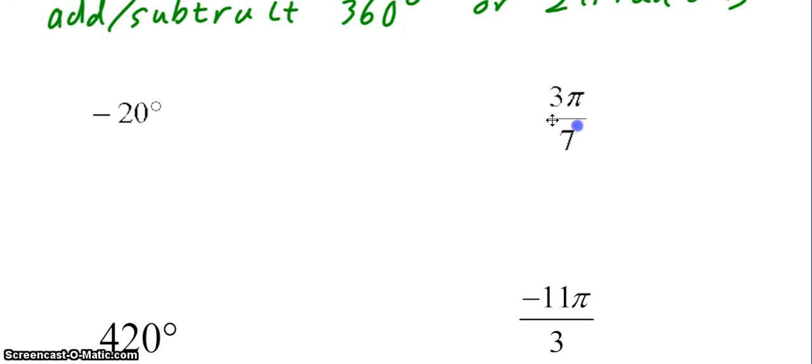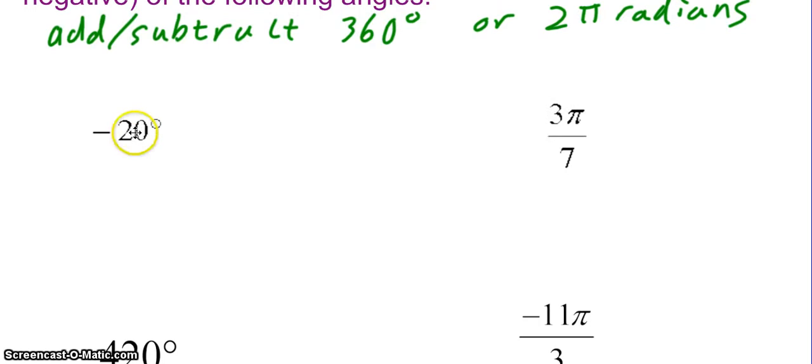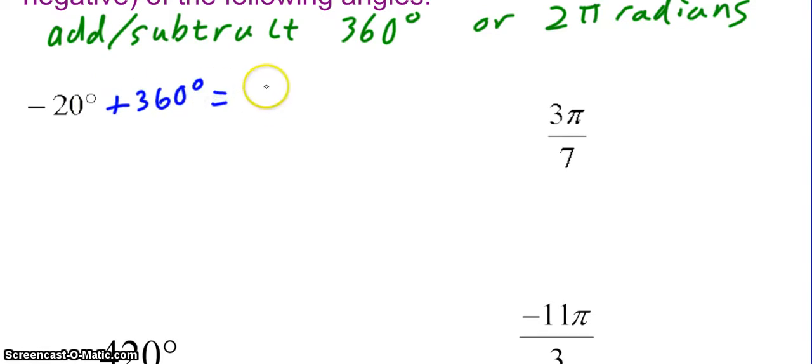So if we have these 4 angles here, we want to determine 2 coterminal angles. Again, there are an infinite amount. We want to determine 2 coterminal angles, one of which is positive and one of which is negative. So we'll do a couple together, and then you'll do a couple on your own. So negative 20 degrees plus 360 degrees is going to be 340 degrees.